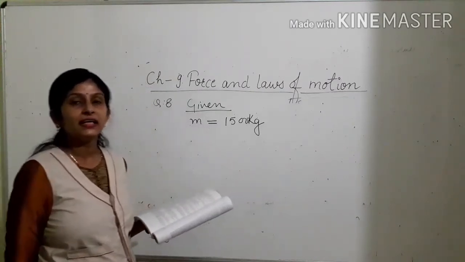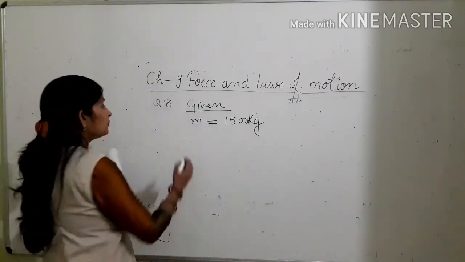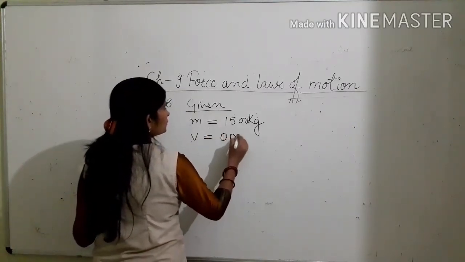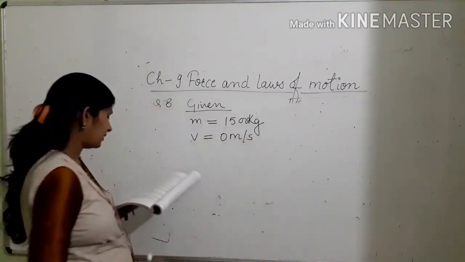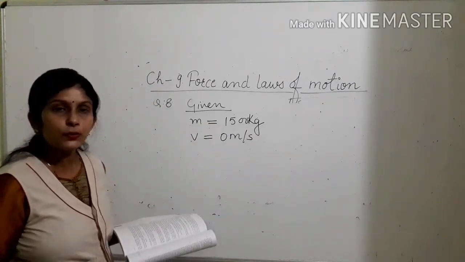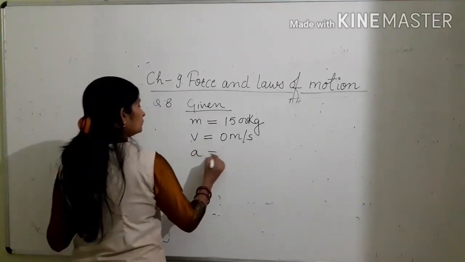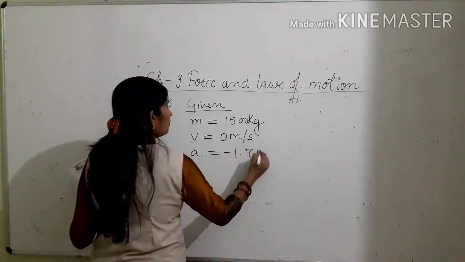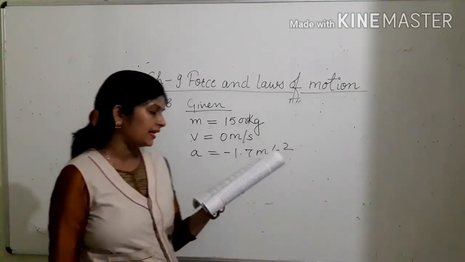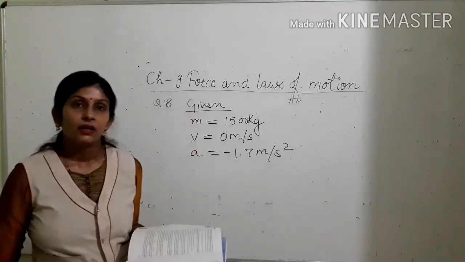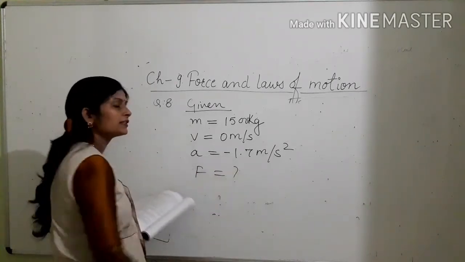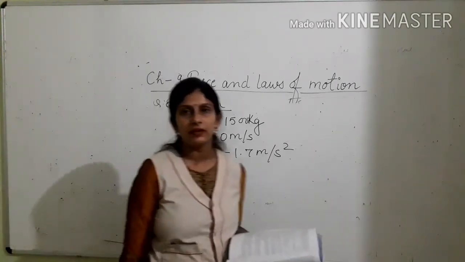So finally it comes to stop, so its final velocity v is 0 meter per second, and a negative acceleration is produced, that is of minus 1.7 meter per second square. You have to find what is the frictional force exerted by road on the vehicle.